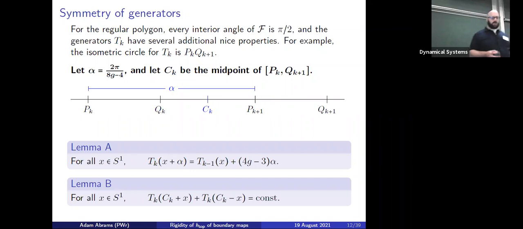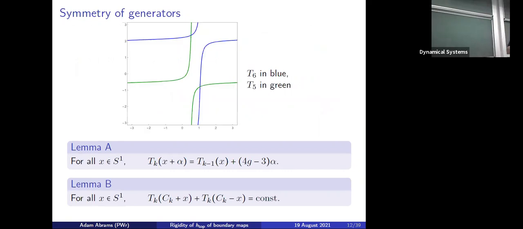These generators have their own symmetry properties. When you have a regular polygon, they have these nice symmetries, which are really easiest to see in a picture. Lemma A says that all of these generators, T1, T2, et cetera, are translations of each other. Remember that these graphs are on a circle on the x-axis and a circle on the y-axis, so you're basically looking at a torus and you can translate this.